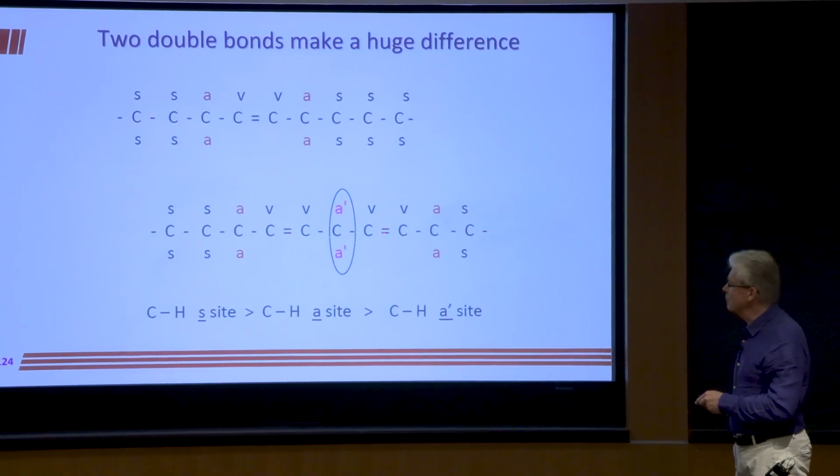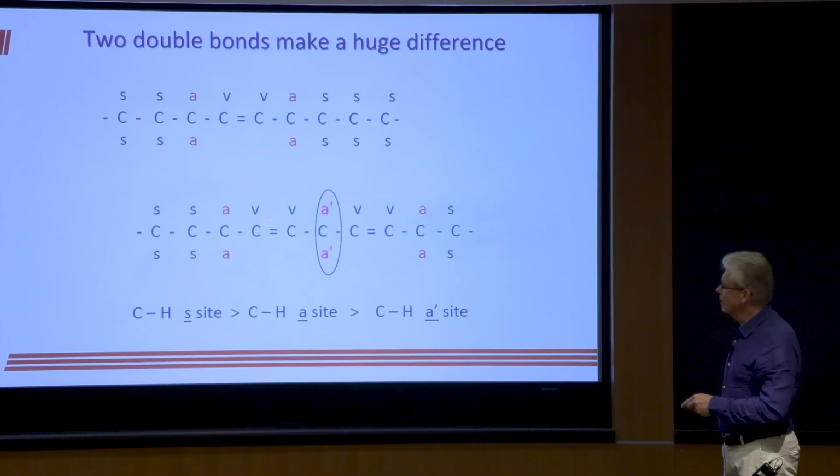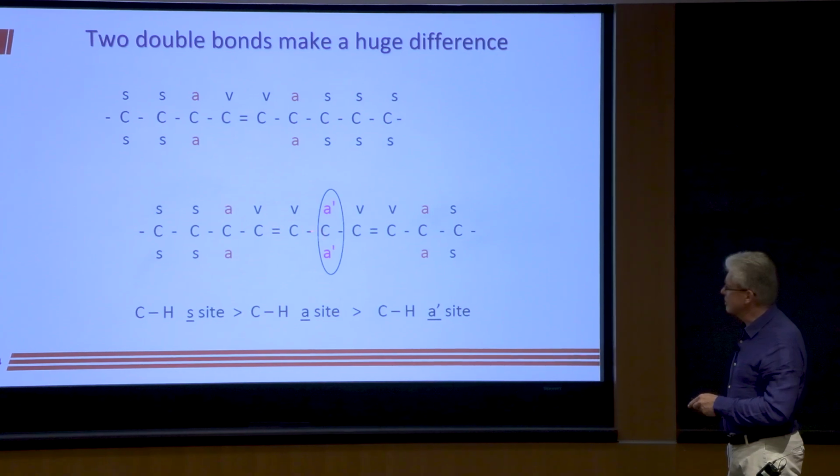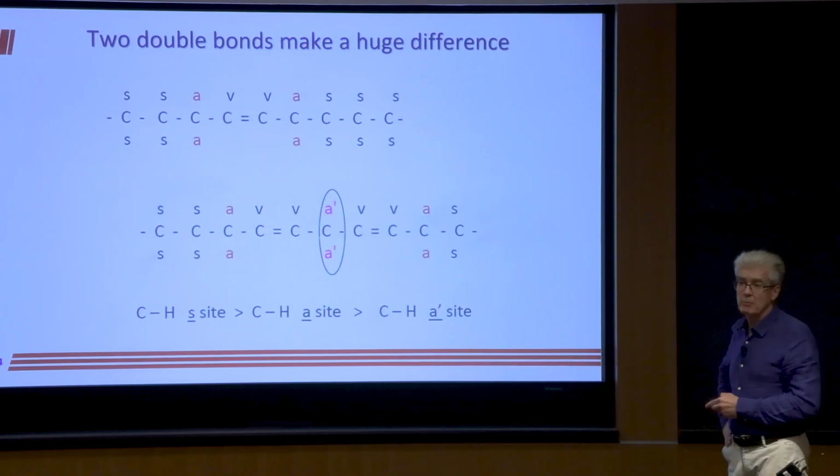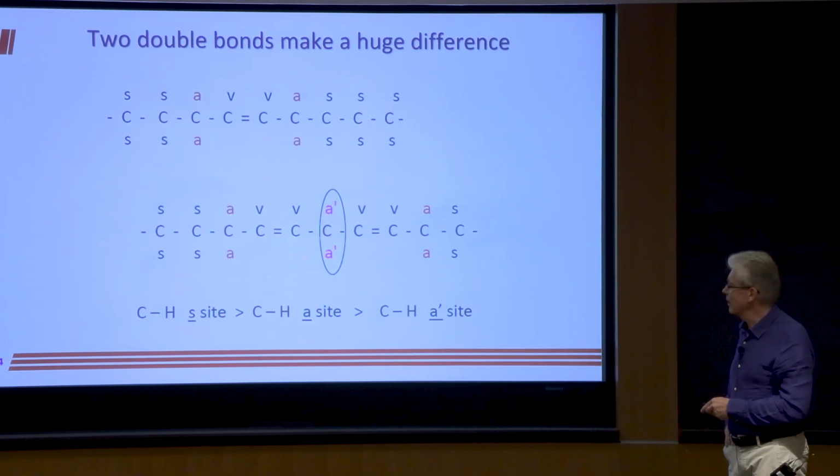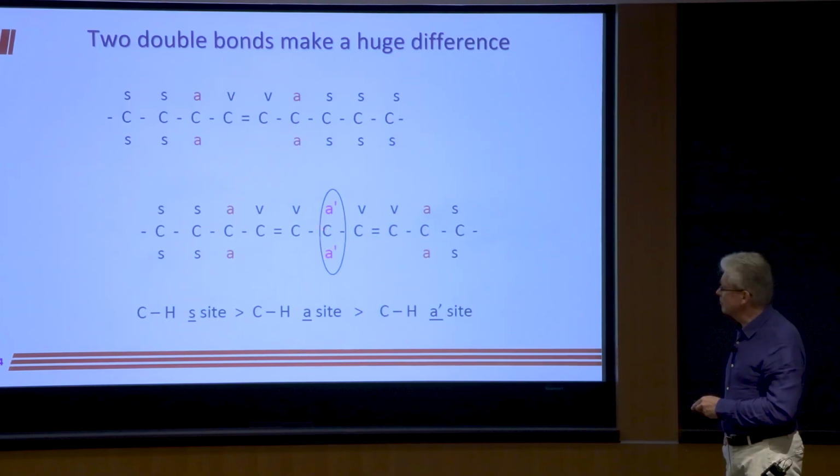You can have molecules like this, where you have 2 double bonds separated by 2 single bonds in the center. And so this carbon atom is allylic due to this CC double bond on this side, but it's equally allylic due to the CC double bond on this side.